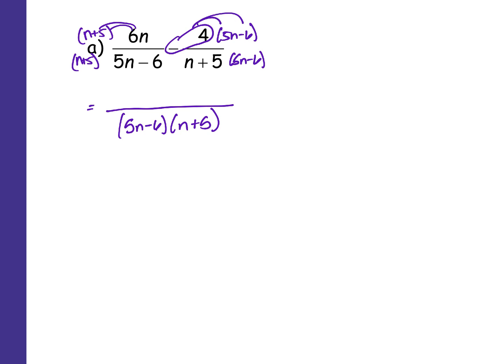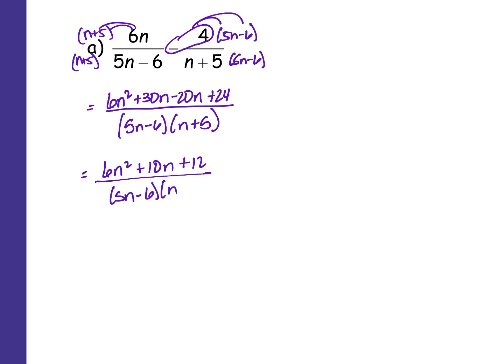So 6n times n is 6n squared, and 6n times 5 is 30n. Negative 4 times 5 is negative 20n. And negative 4 times negative 6 is positive 24. So that gives me 6n squared plus 10n plus 12 all over 5n minus 6 times n plus 6.